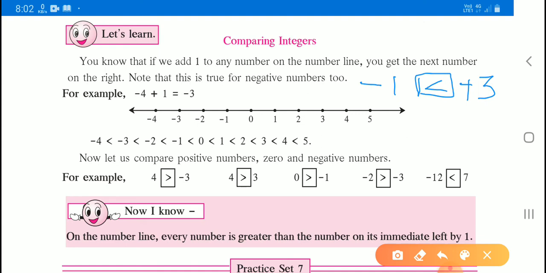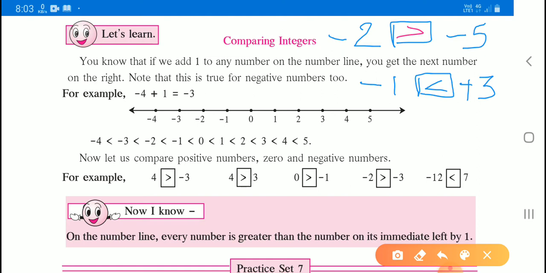One more example: negative 2 and negative 5. Look here, which number is nearer to 0, negative 2 or negative 5? Negative 2. So negative 2 is greater than negative 5.